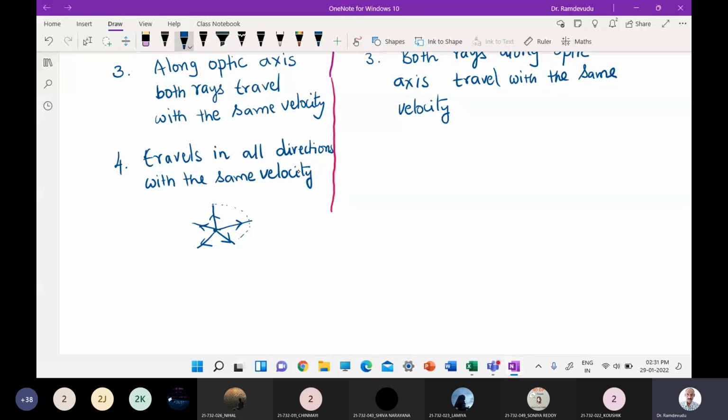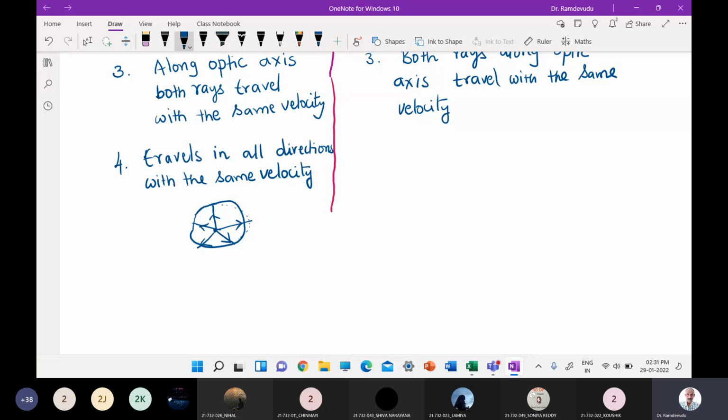The O ray travels in all directions within the crystal with the same velocity. Therefore, if you take the locus of all these points, it covers the same distance in the same time. The crystal is three-dimensional, so in three dimensions it covers the same distance in all three directions.